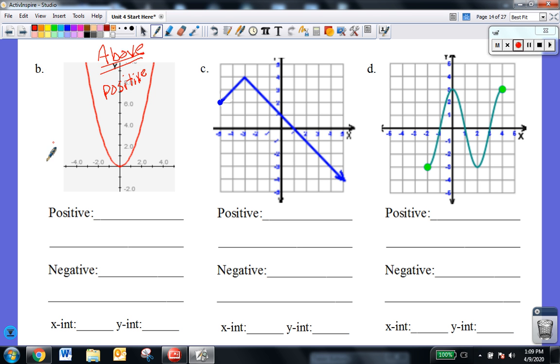So it's going to be all the way from negative infinity to, and it comes down here to where it reaches the x-intercept. This is the point of change, up completely through 0.